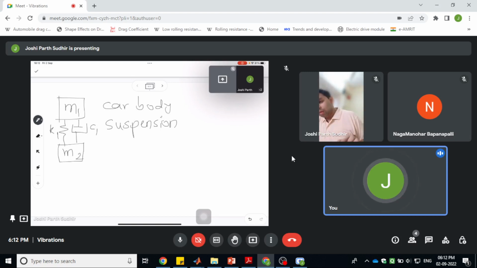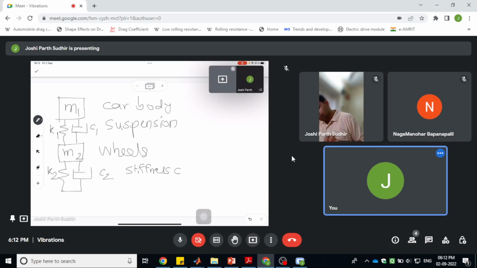Then the mass m2 represents the wheels, and we consider another set of spring and damper, k2 and c2, which represent the stiffness and damping of the wheels and tires.